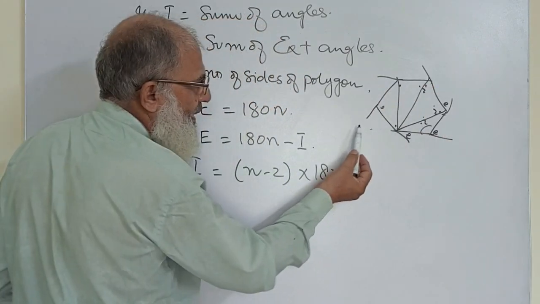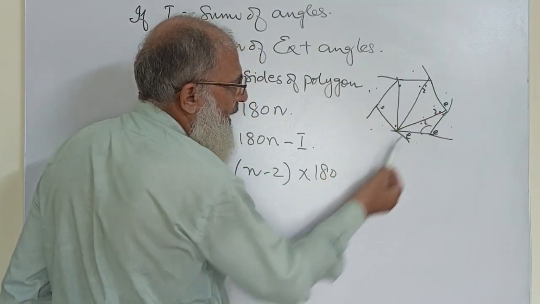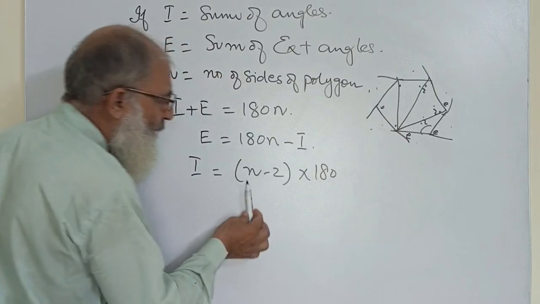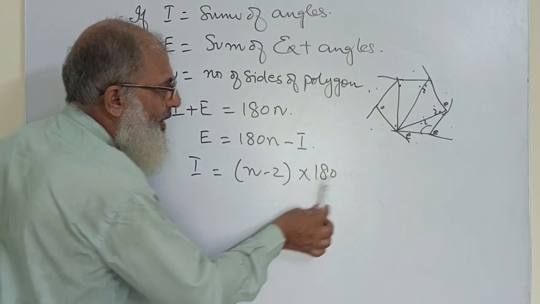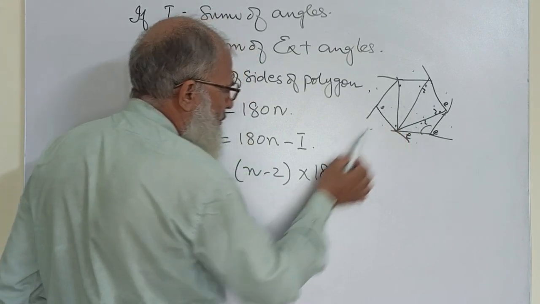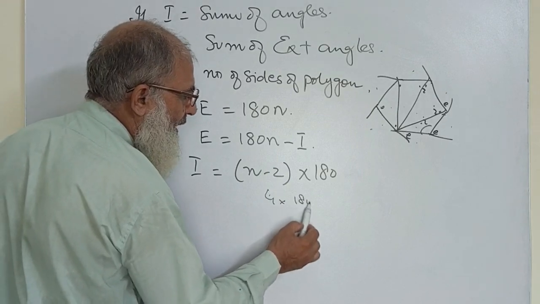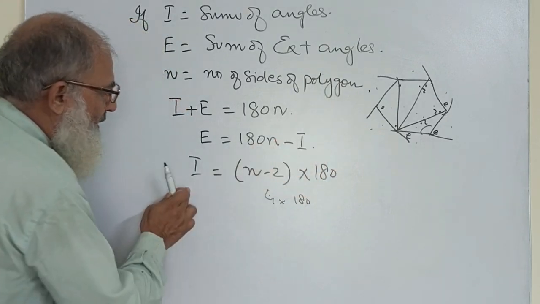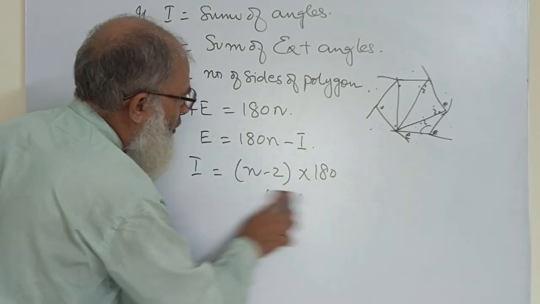You see that there are 6 sides and the triangles are 4, which is 2 less. So we multiplied 4 with 180 and we got the result. And this is what we call I.